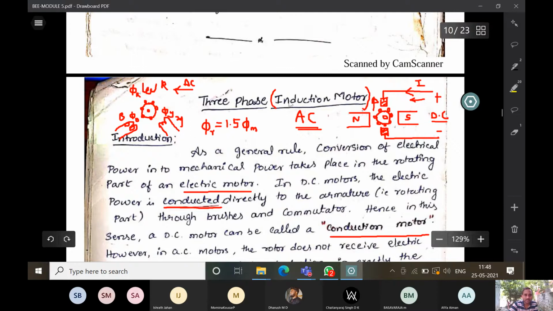Here there is no direct current conduction. In between there is a magnetic path, that is, an inductive path. There is no conduction path in the induction motor from stator to rotor. In case of the DC motor, there is a conduction path from the stator to rotor through the brushes.